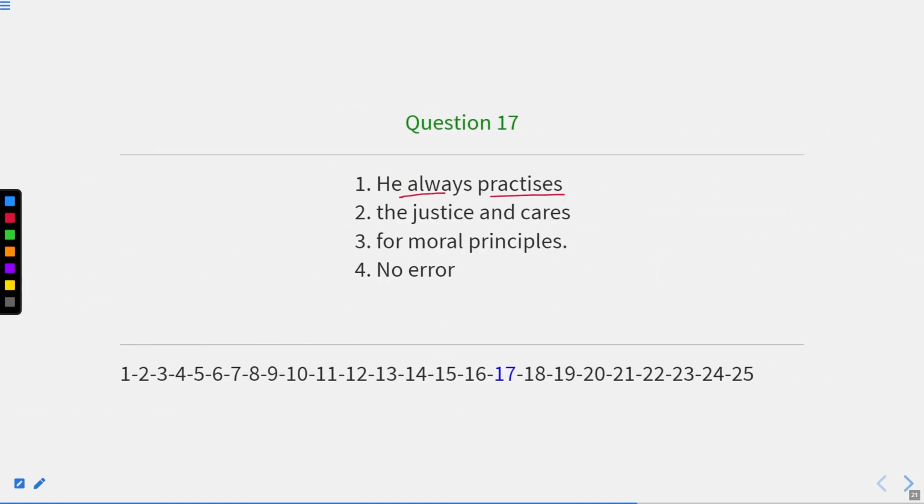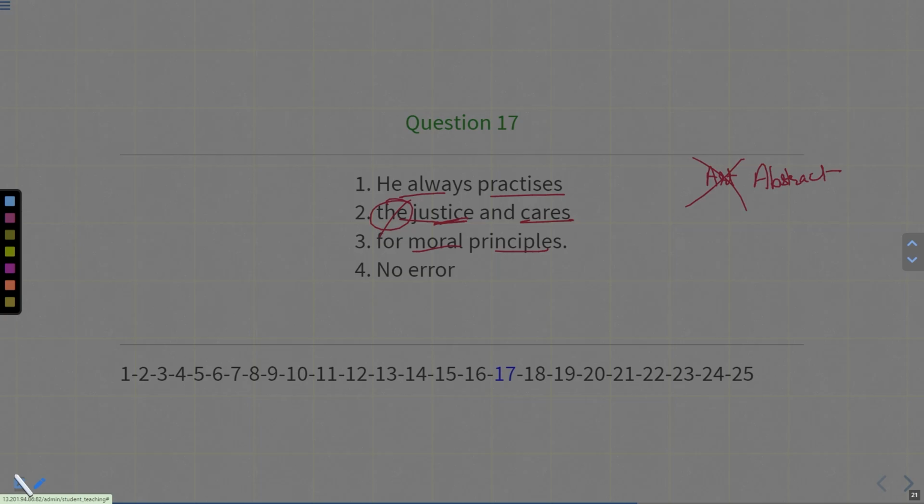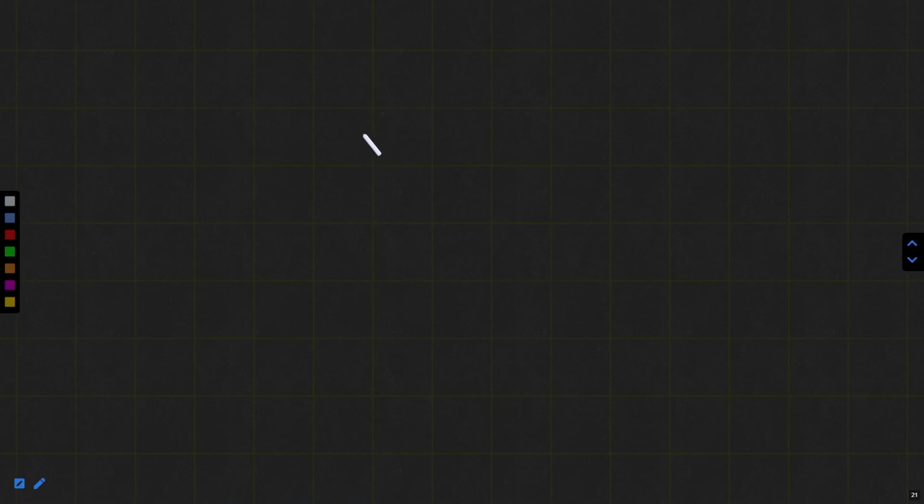He always practices the justice and cares for moral principles. Now, justice is actually an abstract noun. Before any abstract noun, we cannot use any article unless it is made particular. So here before justice we cannot use the. For example, honesty is the best policy.